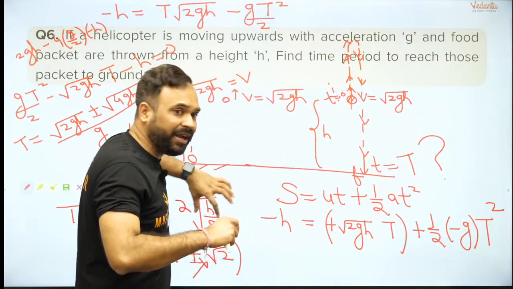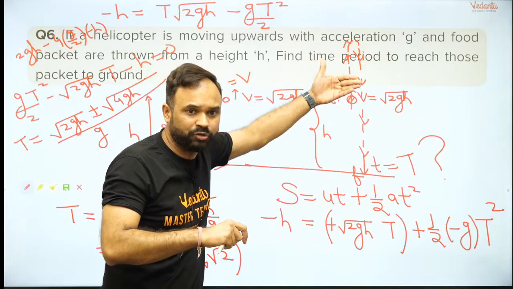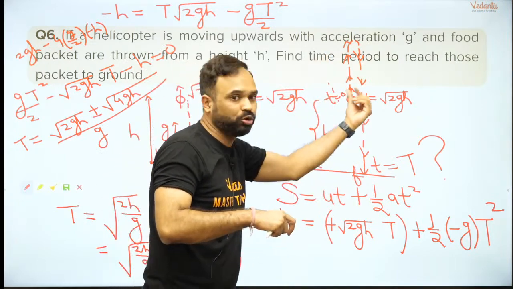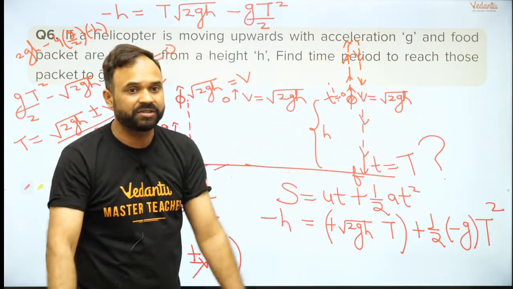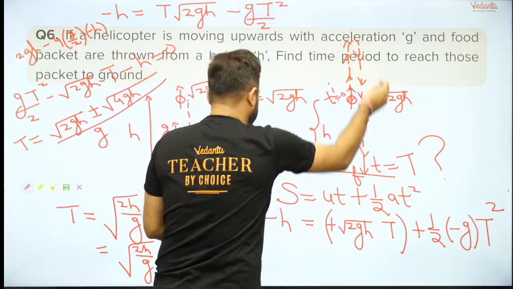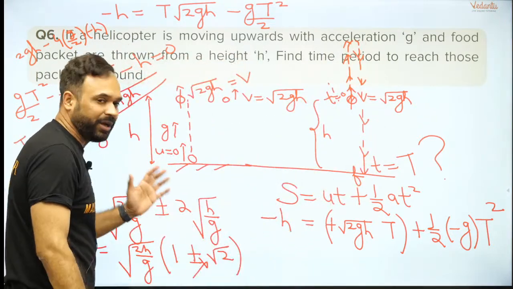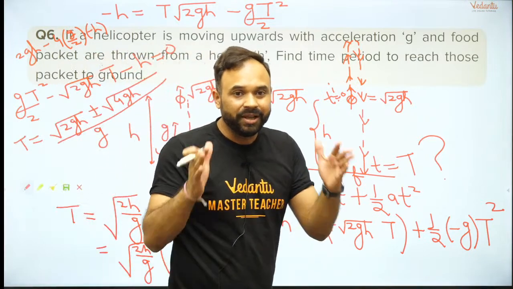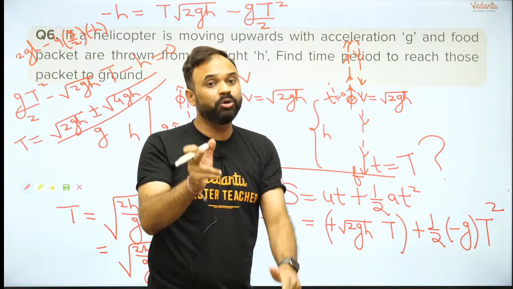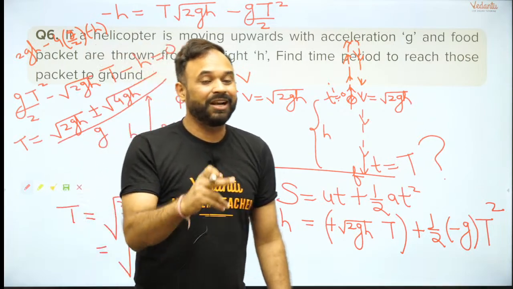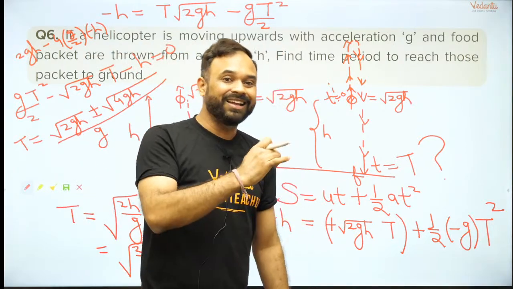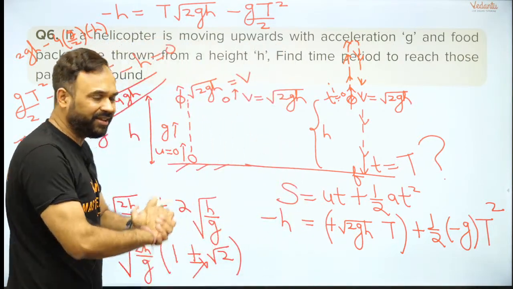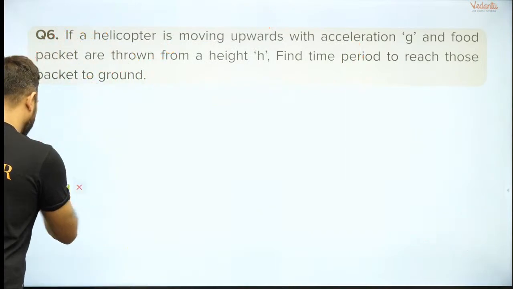All of you know what the second root signifies: that was a hypothetical motion. If motion under gravity was happening hypothetically before this particle reaches here, then that negative time will be the time before t = 0 that it will take to go from ground to this point. But obviously we are not interested in that. We are interested in time after 0, so I will neglect the negative root. So my answer will be √(2h/g)(1 + √2).